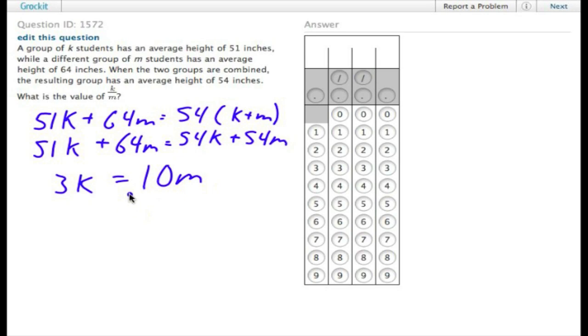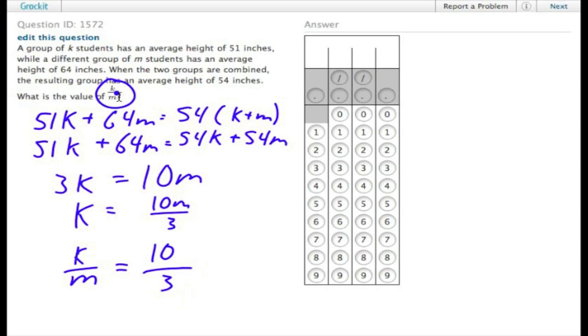So let's divide each side by 3. So K is equal to 10M over 3. Now we divide each side by M. We come up with K over M is equal to 10 thirds, which is what we're looking for.